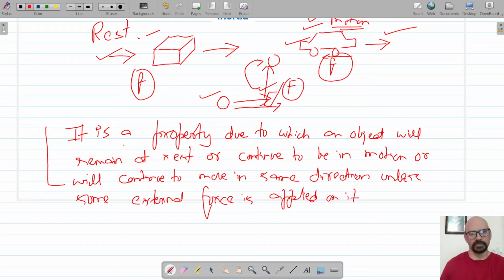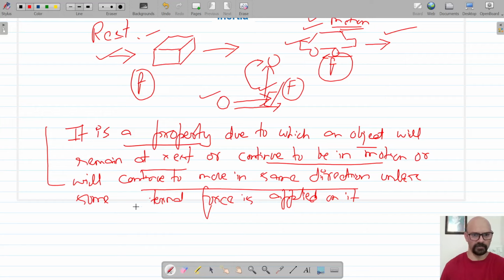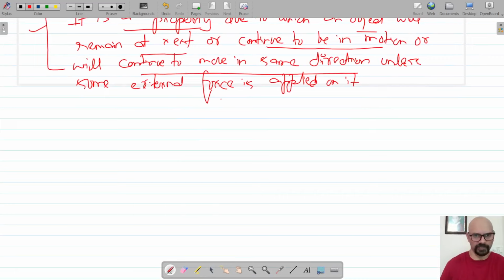So inertia is a property due to which an object will remain at rest or will continue to be in motion or will continue to move in the same direction unless and until some external force is applied on it. This property of an object is called inertia, and we have three types of inertia. That is the inertia of rest.